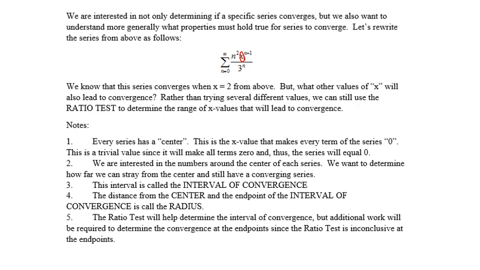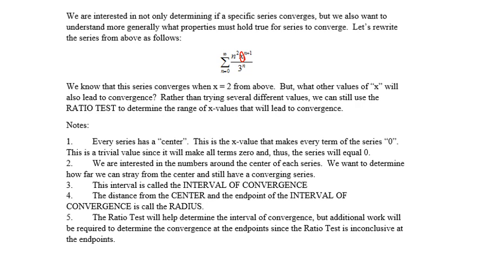If there are, can we find that interval? Instead of just trying values, we can actually use the ratio test to determine these values, because there is a limited range of numbers that will allow this to converge, potentially. It depends on what's going on in the equation.